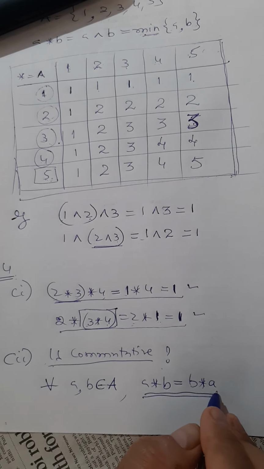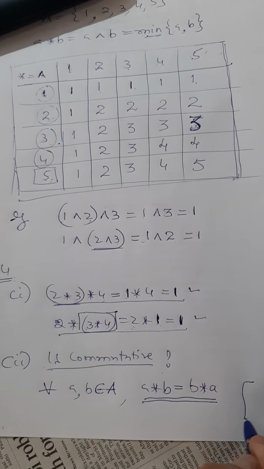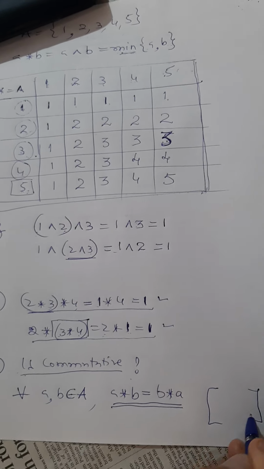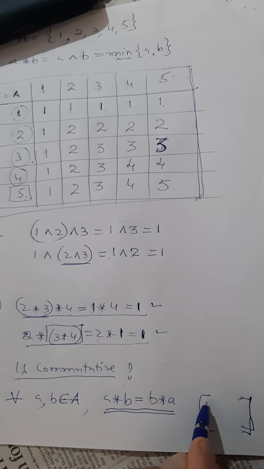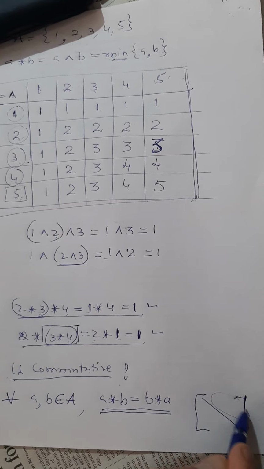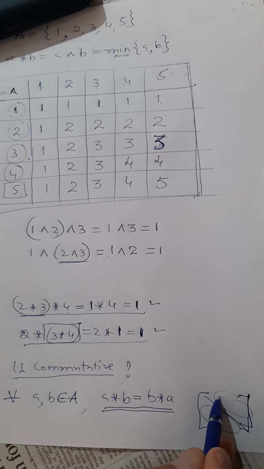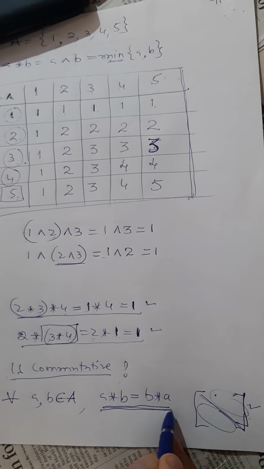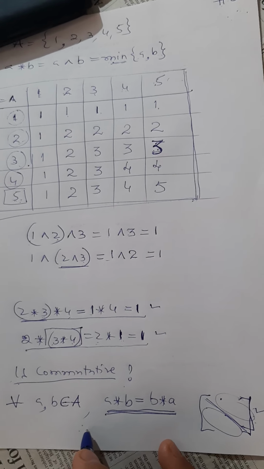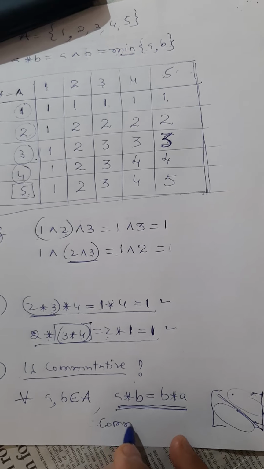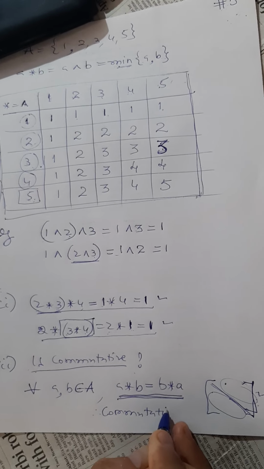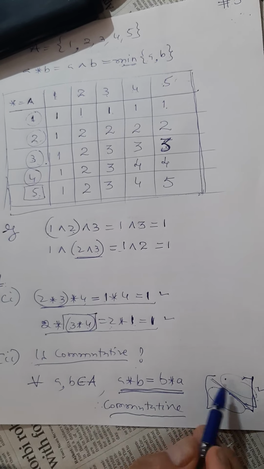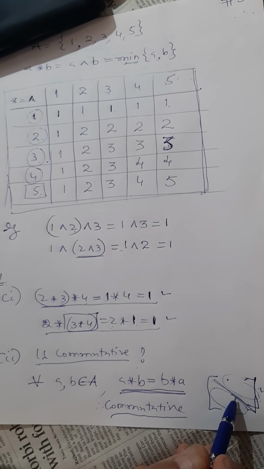The given table is like a matrix. Around the diagonal, this portion and this portion will be the same. So indirectly it's a symmetric matrix, so it has to be commutative. So the answer is it's a commutative operation.